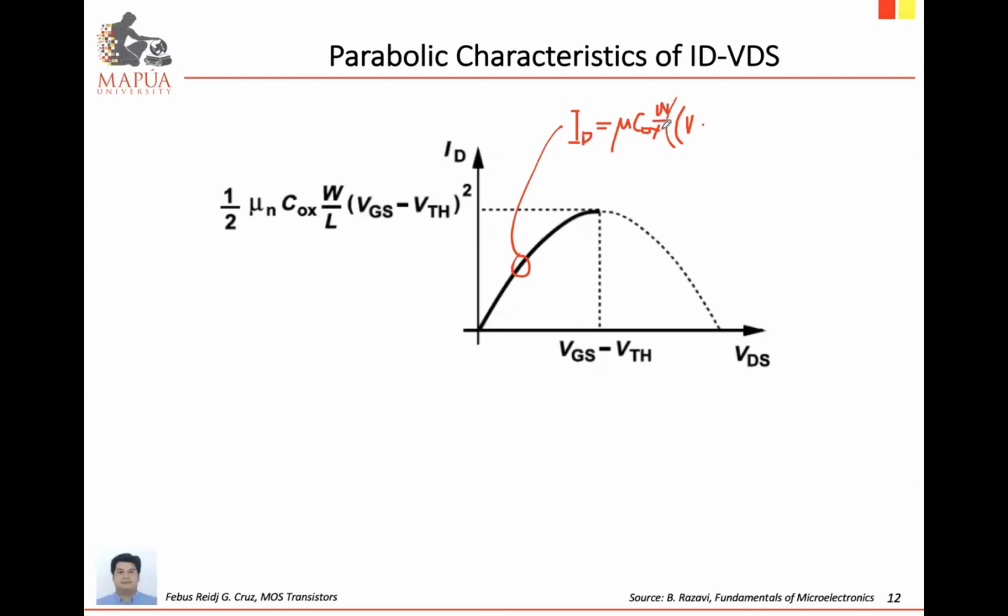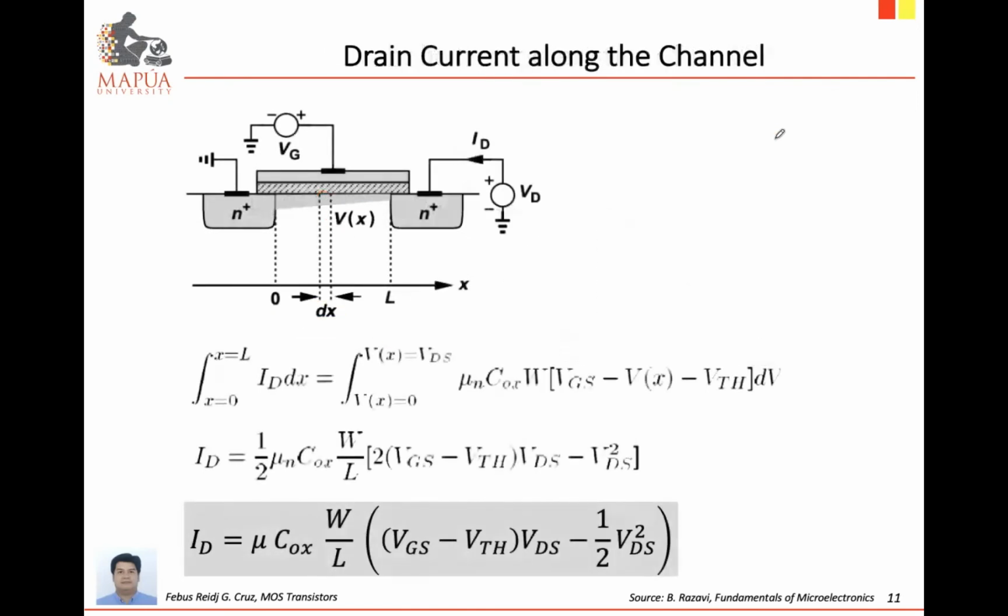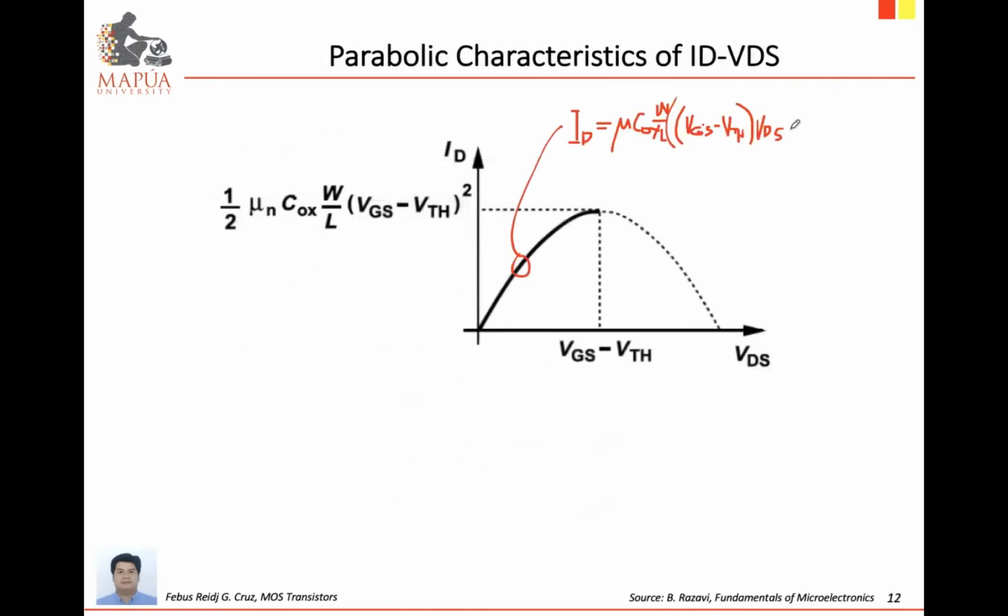Mu Cox, W over L, multiplied by VGS minus the threshold voltage, the difference, multiplied by the VDS. All right, then minus or plus? Minus 1/2 VDS squared.